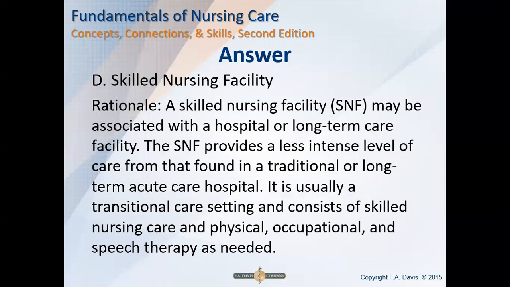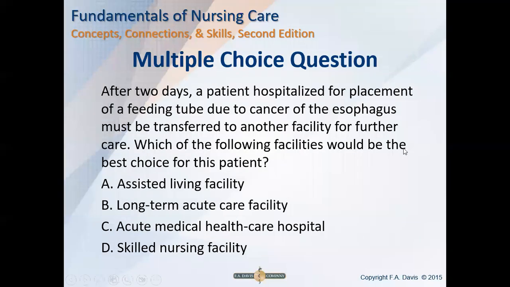Here is one more question before we finish this chapter. A patient hospitalized for placement of a feeding tube due to cancer of the esophagus must be transferred to another facility for further care.